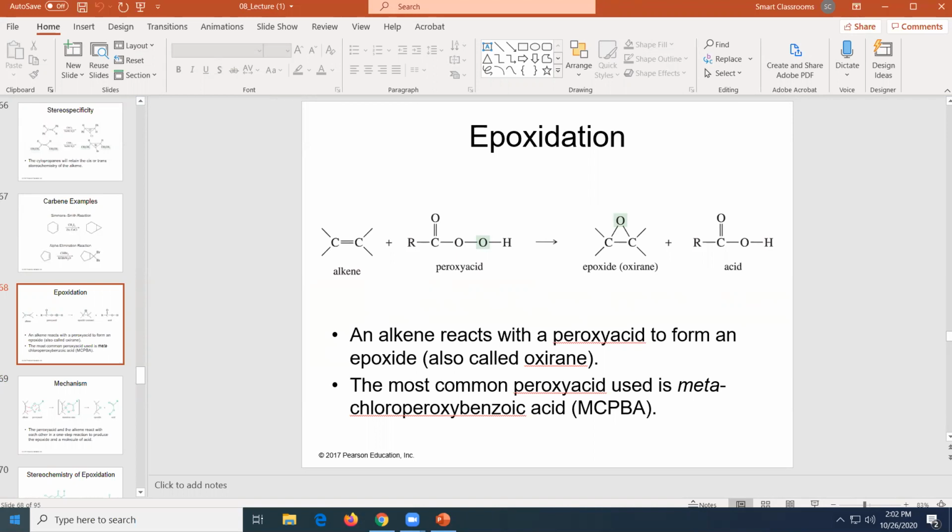And so we're going to form the epoxide using MCPBA. This is similar to an oxidation reaction that takes place in the body, except the body doesn't use MCPBA, it uses oxidative enzymes. But epoxidation is an important metabolic process.